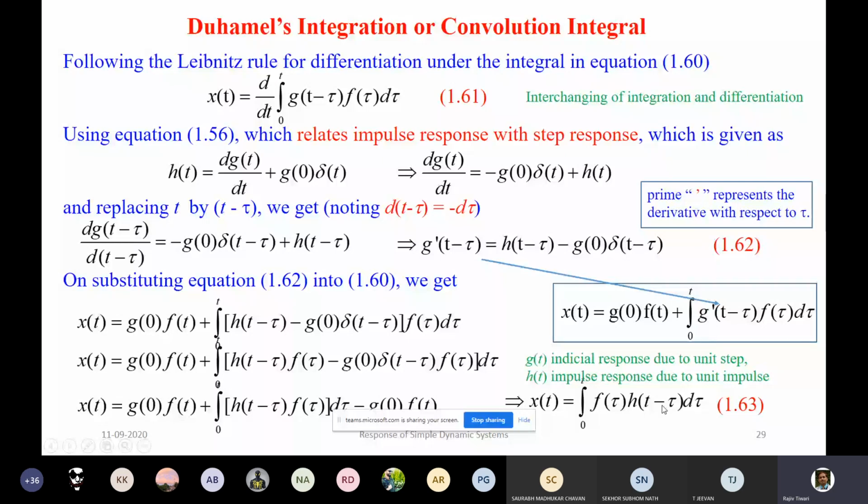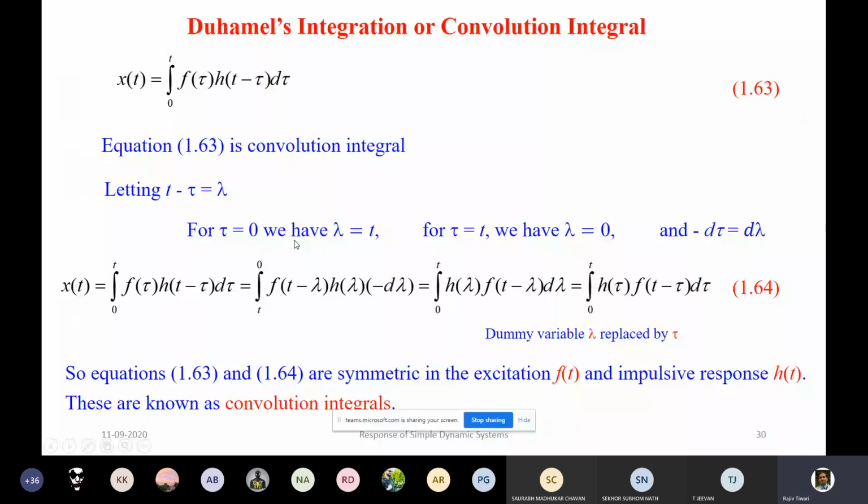Now we'll see this is the same expression, the convolution integral from the previous slide. Now let us change t minus tau to another variable, lambda. If we change to lambda, the limits will change. When tau was 0, lambda will be t.